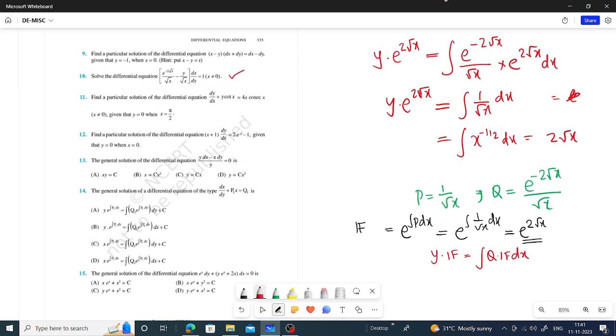Okay, so the answer is y into e raised to 2 root x equal to 2 root x plus c. So this is the solution.